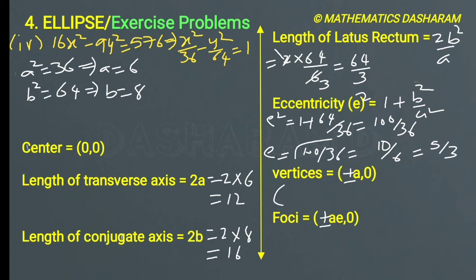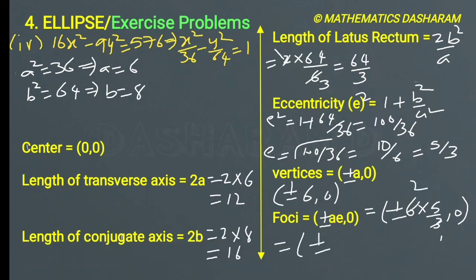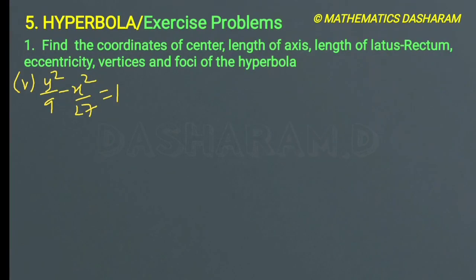Next, vertices plus or minus a comma 0, a value 6, so (6, 0). Next, foci plus or minus a into e, a value 6 and e value 5 by 3 comma 0. 3 ones are 3, 3 twos are 6, so it equals plus or minus 2 fives are 10 comma 0.